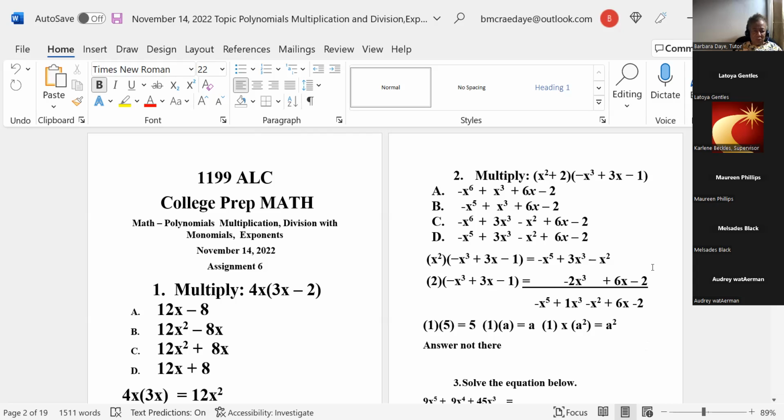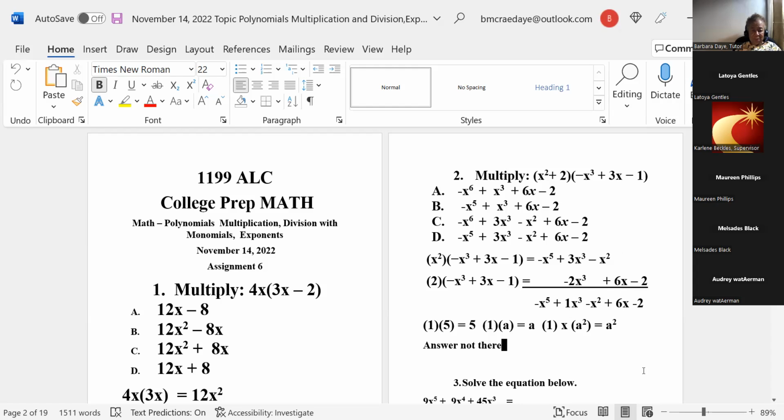And 2 times minus 1 is minus 2. And then you combine these two. Minus x to the fifth, we have it in standard form. The x to the third, that's a subtraction. And then the x to the second, and then the 6x minus 2. So the answer is not there.